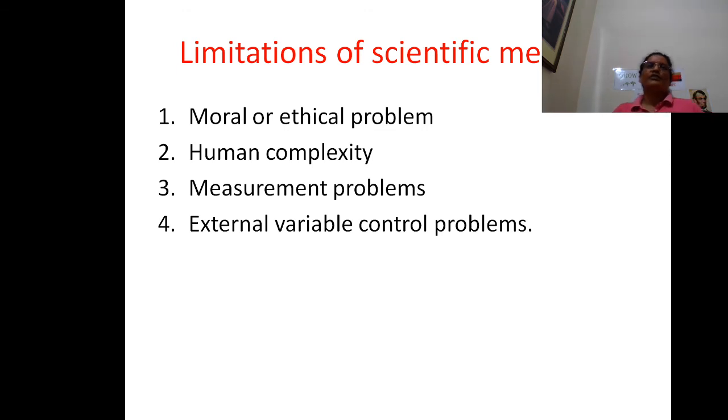And external variables control problem. We cannot control the external variables. If we are going to improve the HB level by giving beetroot extract to our samples, but our samples might take some tablets or drugs to improve the HB level too.